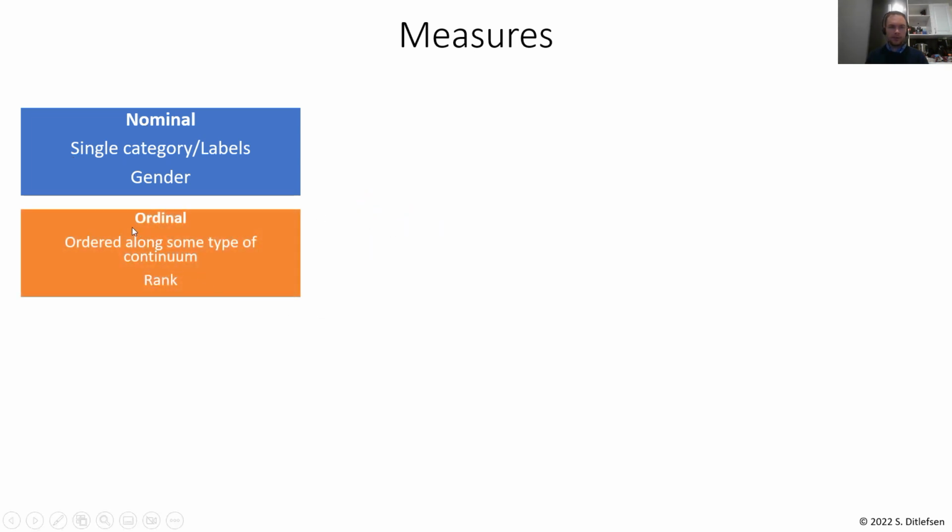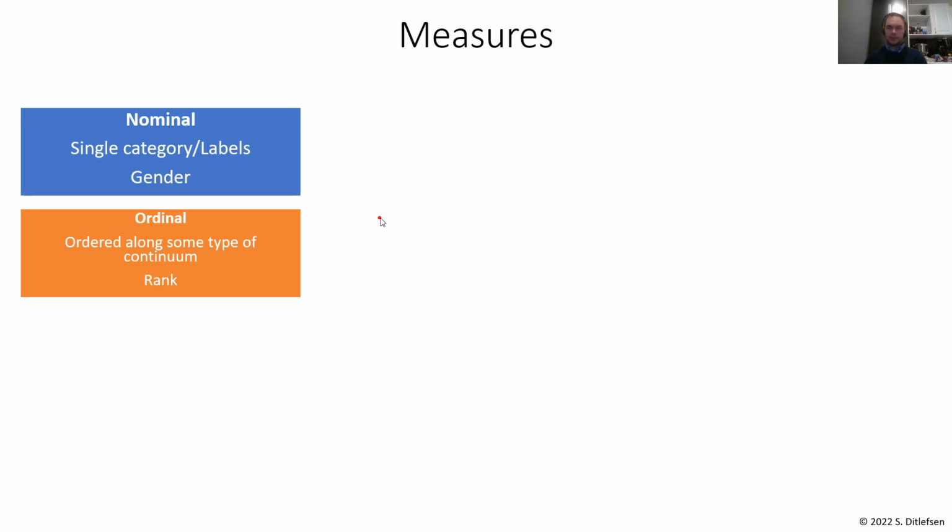Okay, and then we have ordinal. And ordinal is data that you can use on a rank. And I just want to say here that when you order something on rank, you can get first place, second place, third place, fourth place, etc. So think of, for example, if you grade some papers that you're a teacher and you grade some papers, you will have like, oh, he came first, he came number 2, he came number 3, etc. Like who scored the most, who scored the lowest.